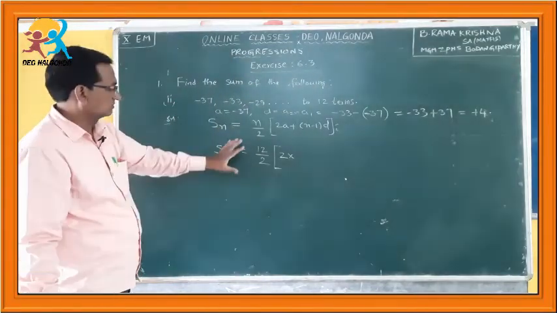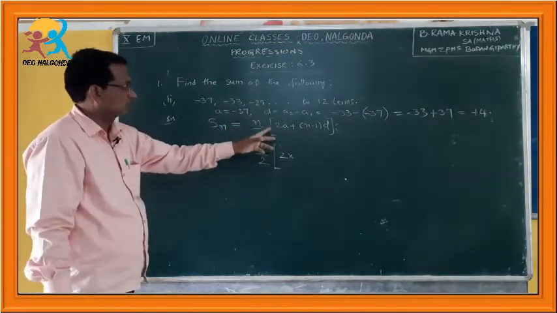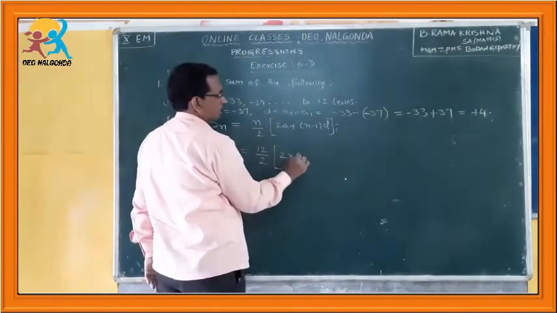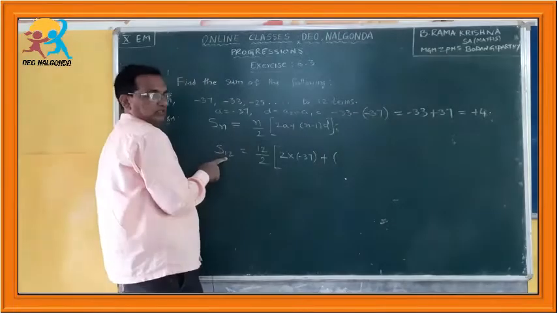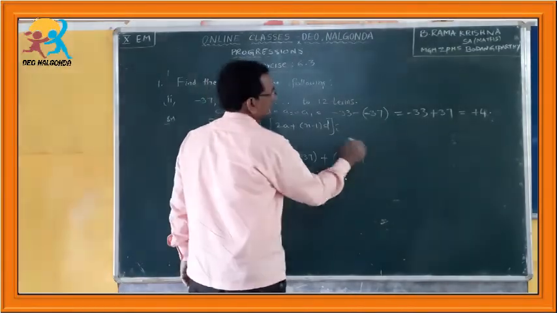Now coming to this formula, you have to substitute the things which we found just now. 2a, 2 into a is minus 37 plus n minus 1 into d, where n is 12 and d is 4.